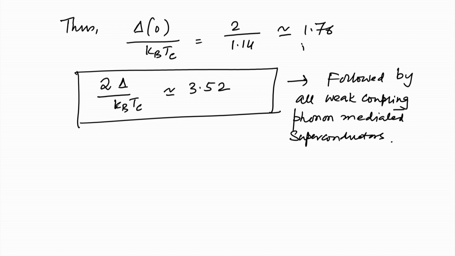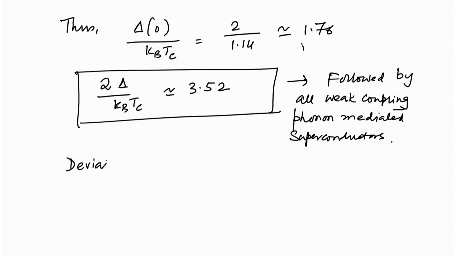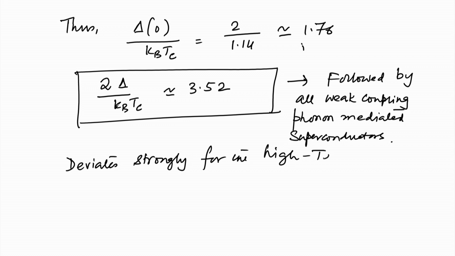So, this is a property of these, that twice the energy gap divided by k T c should be a number which is 3.52. It deviates strongly for the high temperature superconductors.